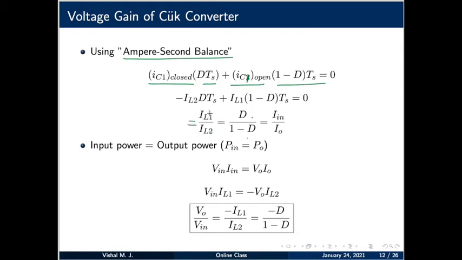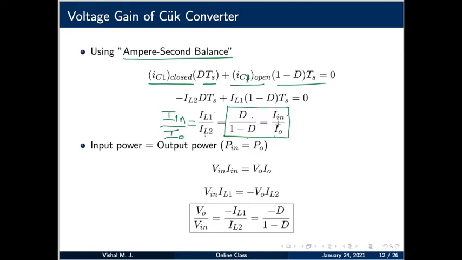Average inductor current 1, we have just now seen that it is equal to the input current itself. And what is IL2? We have seen it is equal to the average output current. So, that is what is being written here. IL1 is the same as IN and IL2 is the same as I0. So, the current gain of the Cuk converter we have derived. This is the expression.